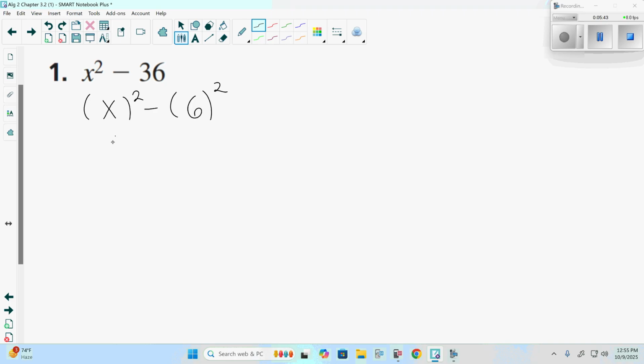So we know that b is 6. So we get a plus b and a minus b. So this would be x plus 6 times x minus 6. Questions on this here? Questions on any of these so far?